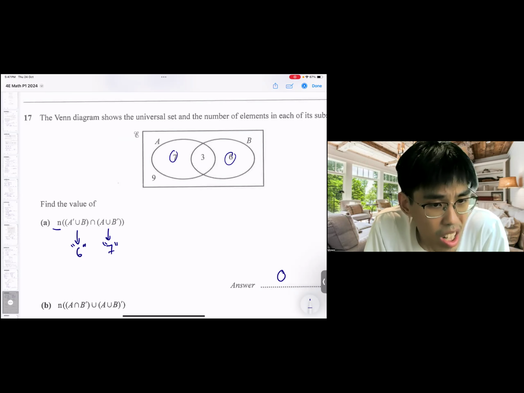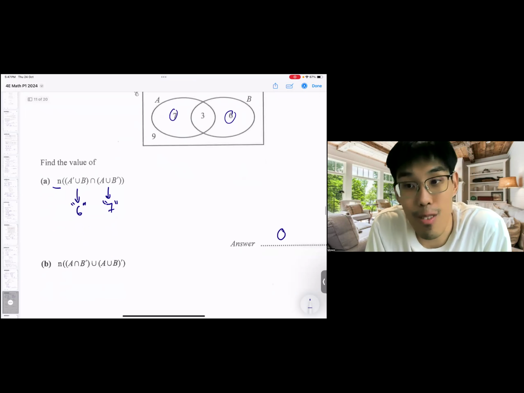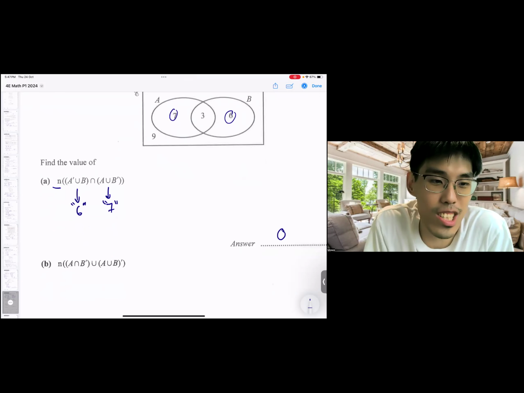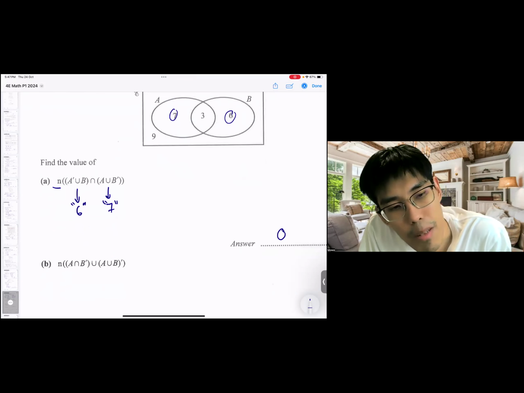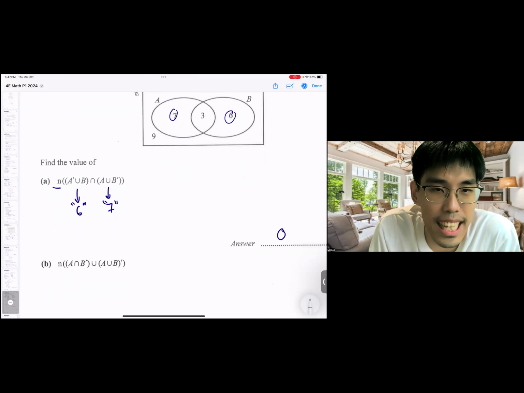Oh, this is tricky because in the second part they put the prime outside the bracket. Interesting. Okay, the number of elements of the union of A intersect B prime.